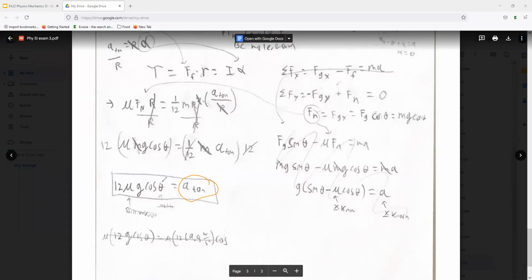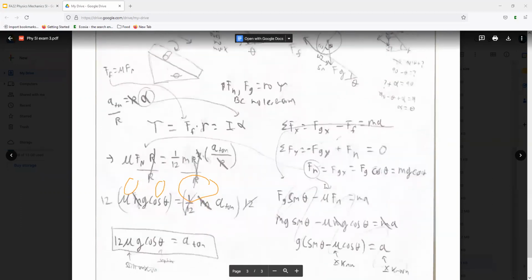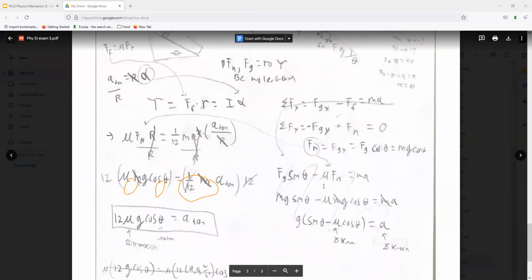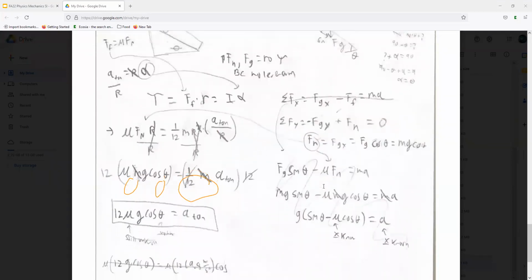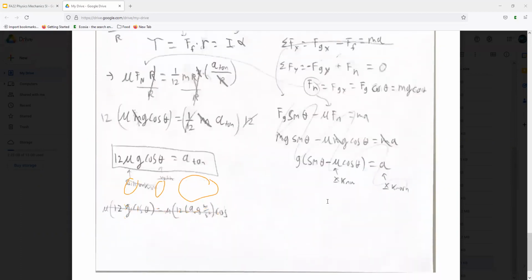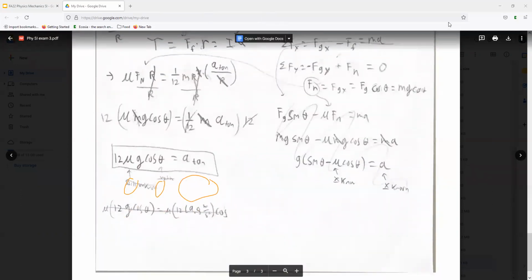But you still have two unknowns. You have this theta and you have this mu. I don't think I finished solving for this one. But you can then take this A tangent and plug it into this equation.